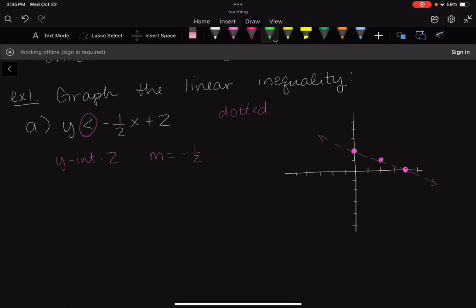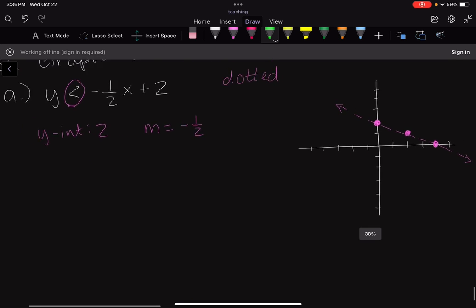So pretty much on either side of this line, we may be able to find correct answers. So either we're going to shade in the bottom of the line and say, numbers below this line work, or we could shade in the top and say points on the top of this line work. To find out which is which, I usually like to just test points.